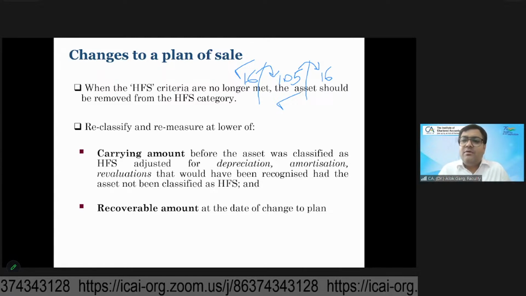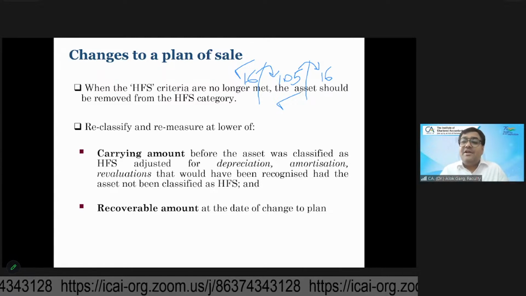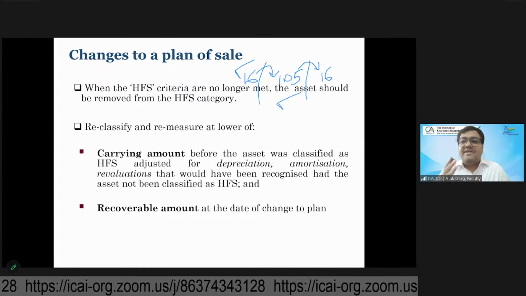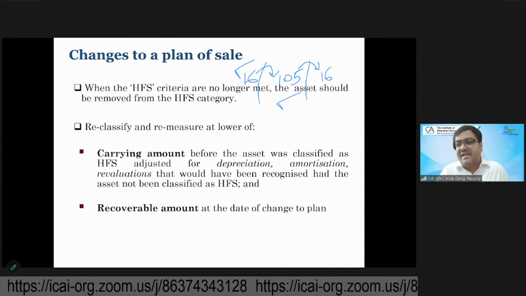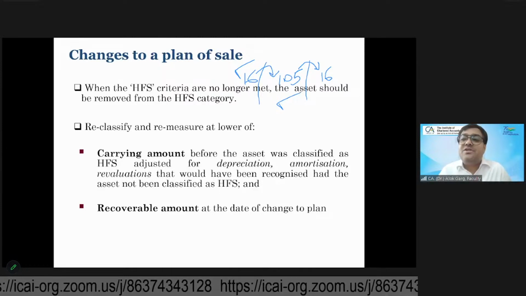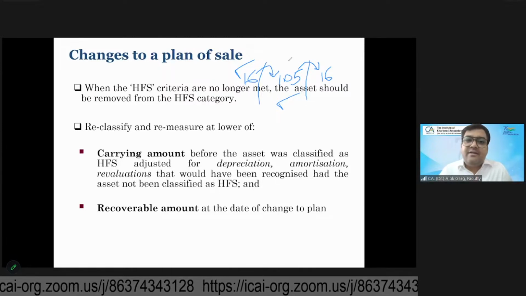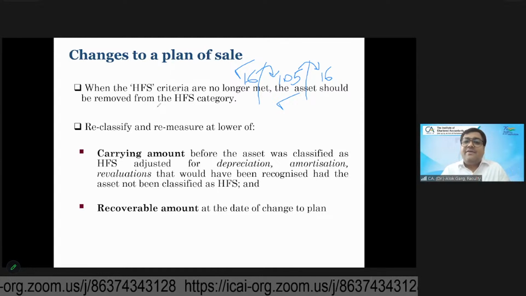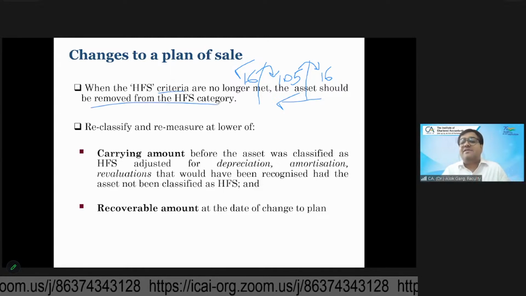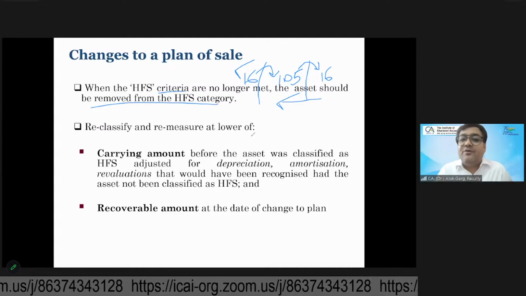But now, when the company, instead of selling that asset, wants to use this asset, it means this asset is no longer a held for sale asset. In that case, how is this asset going to be measured? The standard says that when HFS criteria is no longer met, the asset should be removed from the held for sale category.